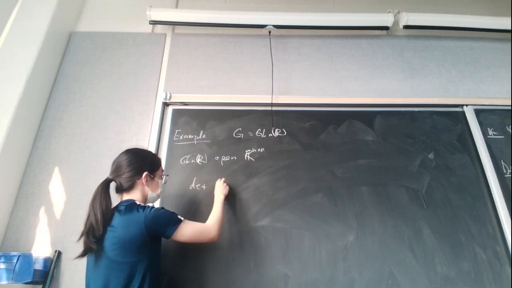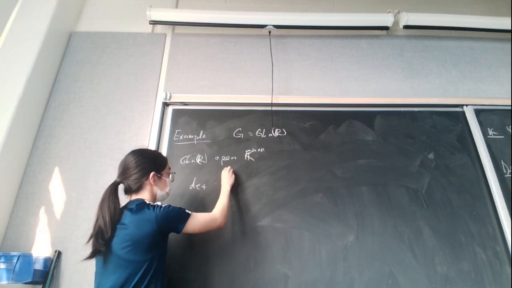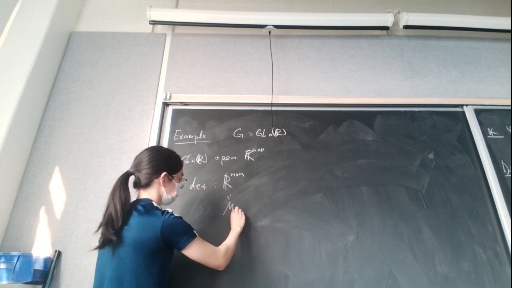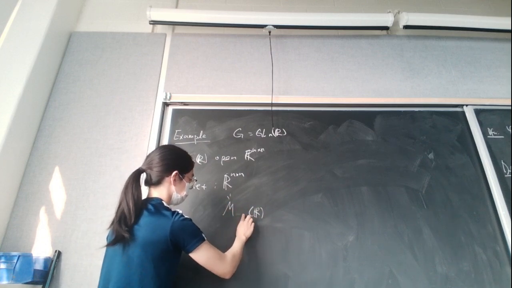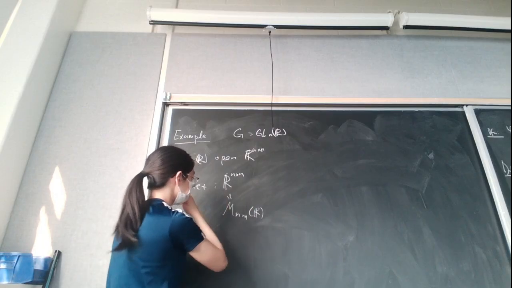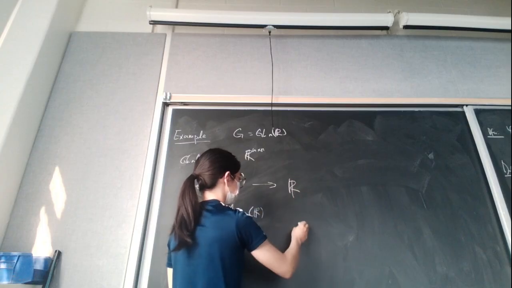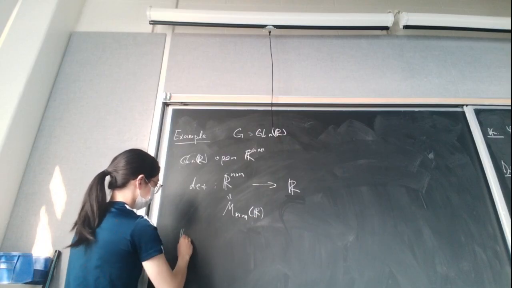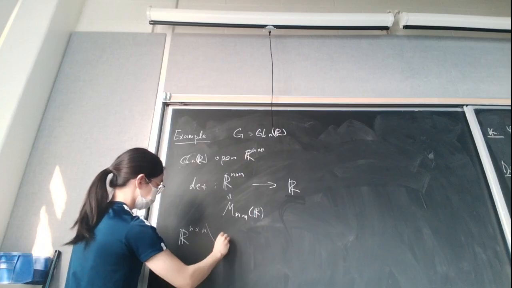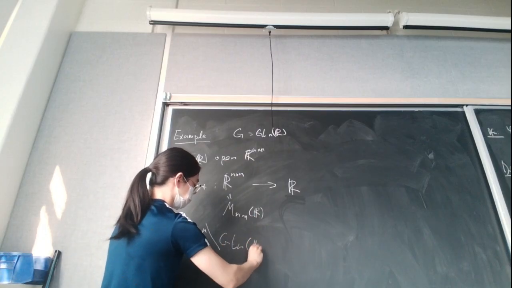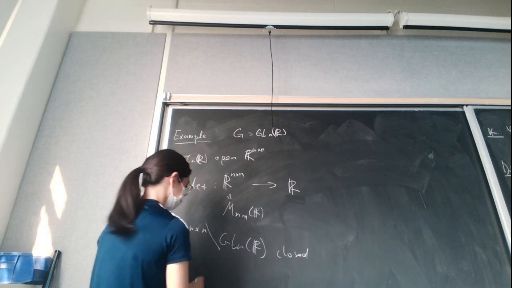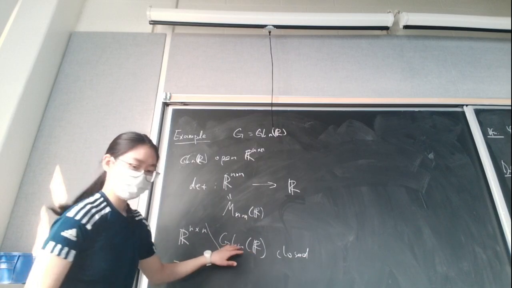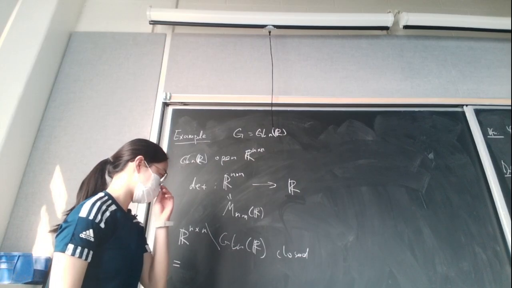The determinant is a map from n by n matrices with real entries to R. The claim is that M_n(R) take away GL_n(R) is closed, because a matrix is in GL_n(R) if and only if it has non-zero determinant.